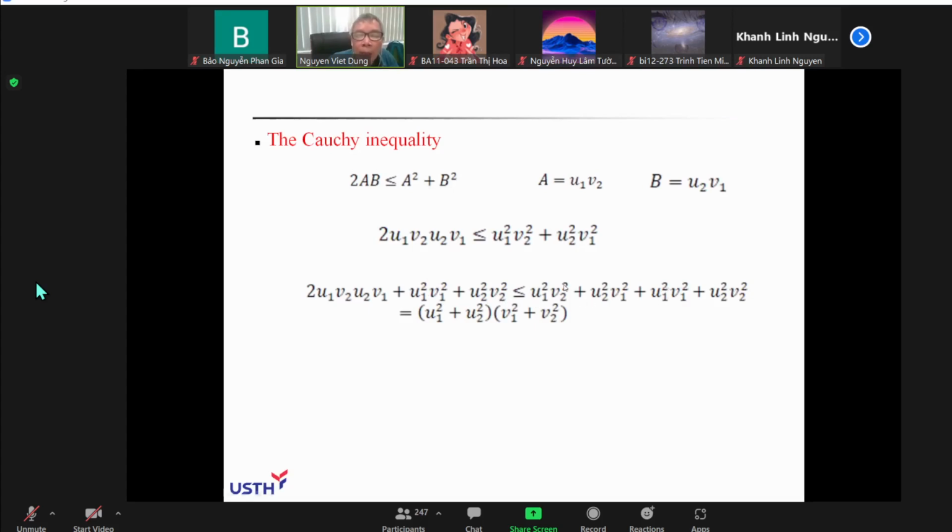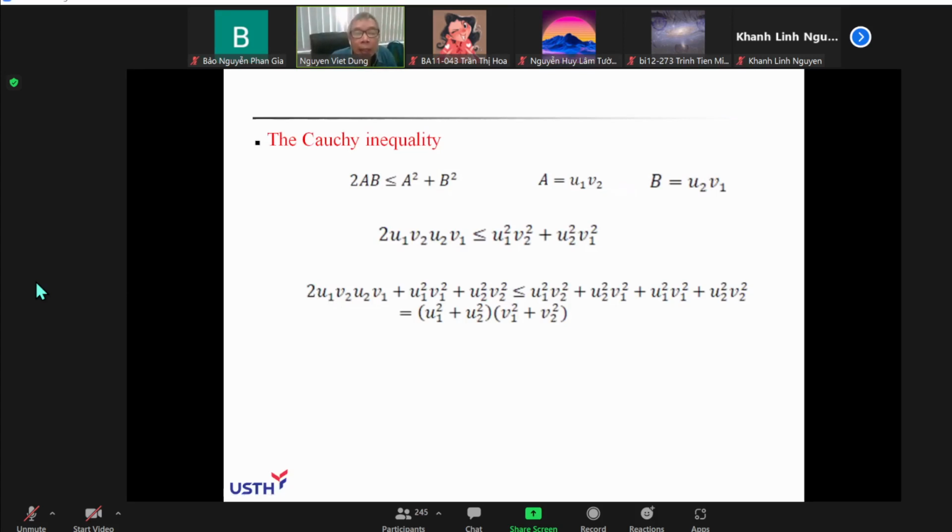You get that inequality. But then the left hand side will become U1 square plus U2 square multiplied by V1 square plus V2 square. And on the right hand side, here I forgot to write one more formula. On the right hand side, it is exactly U1 V1 plus U2 V2, everything squared.